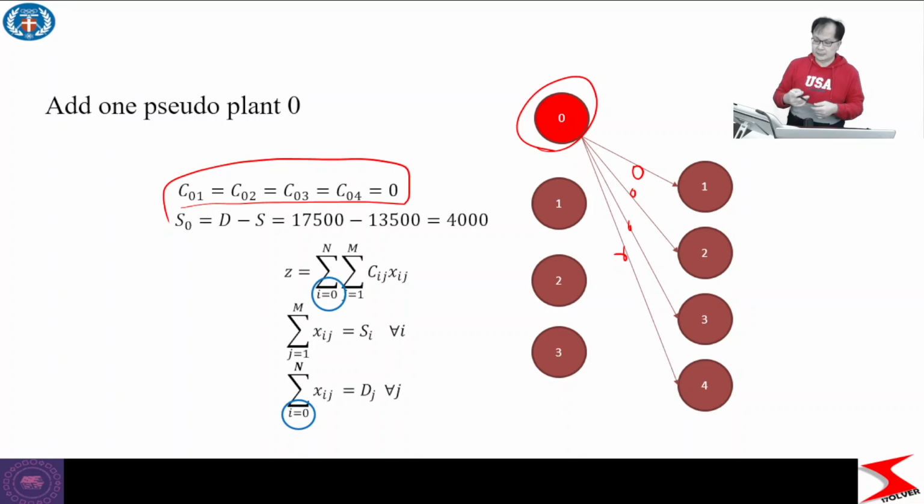We should be very careful about this. We just make the flow balanced so that the mathematical model will not be infeasible. That's our purpose, so the cost should be set to 0.